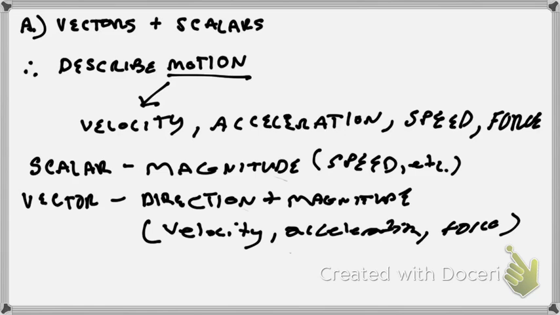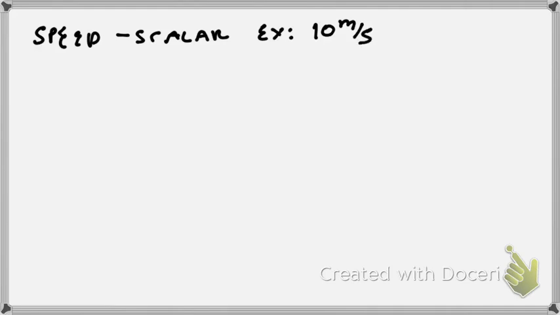Let's look at this. Speed is a scalar, and an example of speed is saying 10 meters per second.